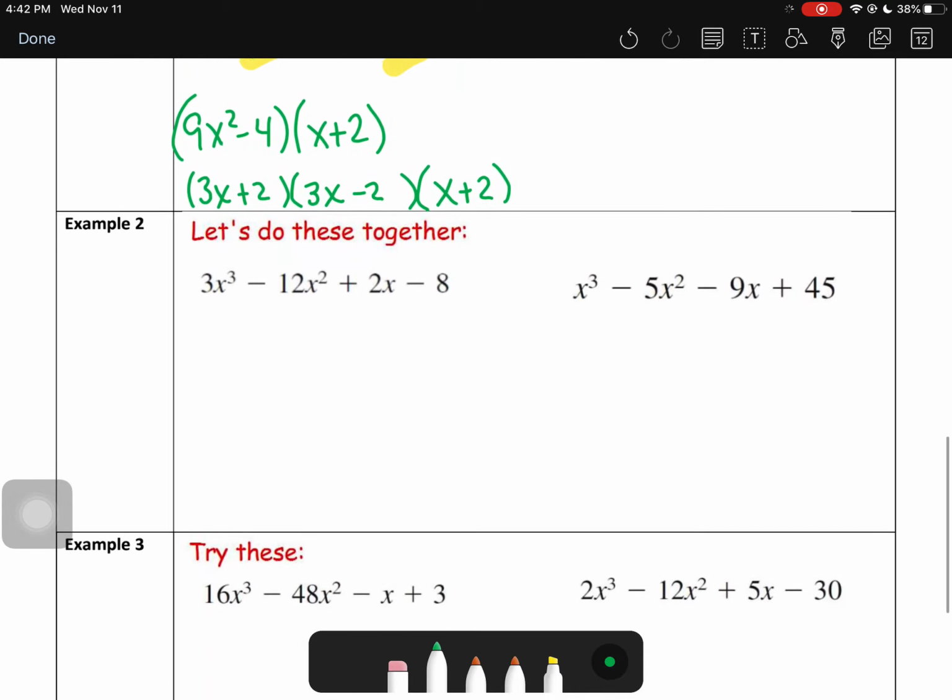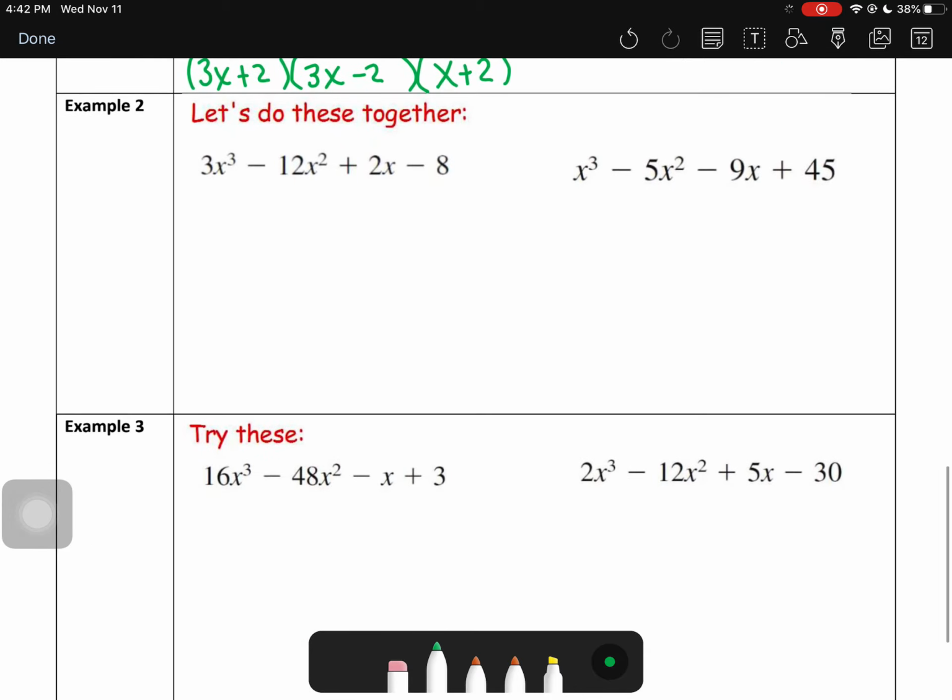Okay, let's try a couple more. Step number 1. Find the greatest common factor of the first 2 terms. This will be 3x squared, and then we have x minus 4. Find the greatest common factor of the second 2 terms, +2.